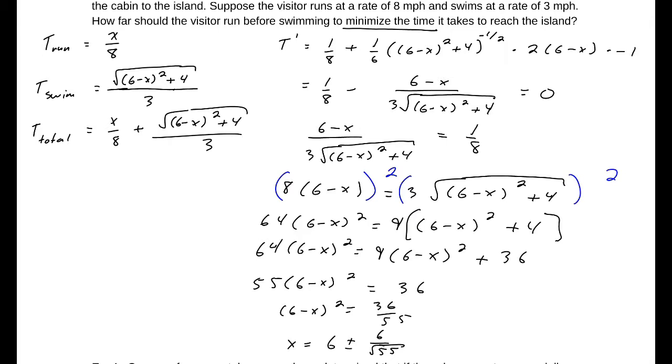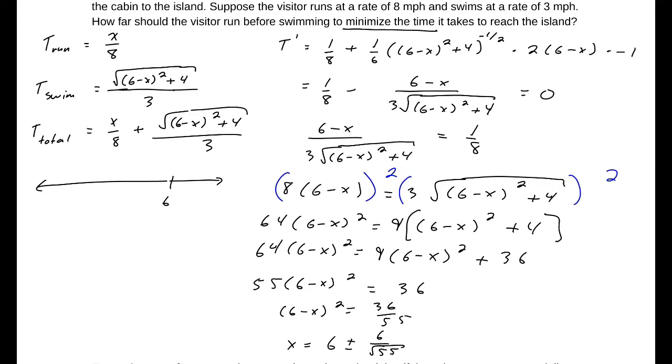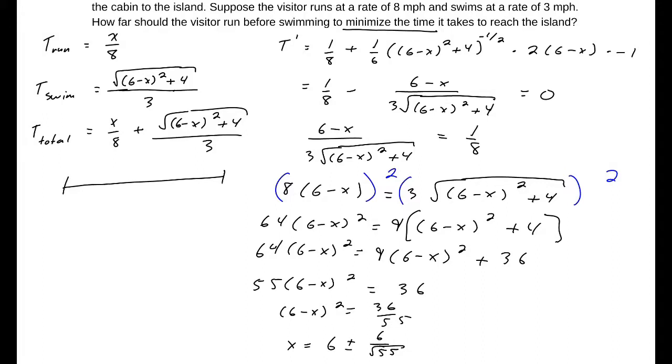Now let's use a sign diagram here. We have our values of 6, and actually our function is restricted here from 0 to 6 because the distance that the man can run, or the visitor can run, is between 0 and 6.